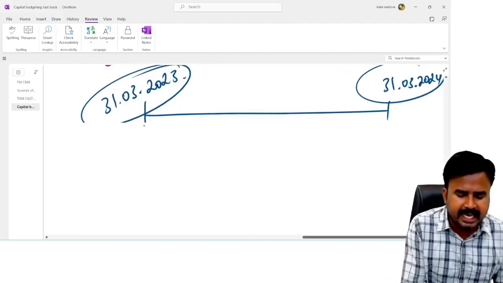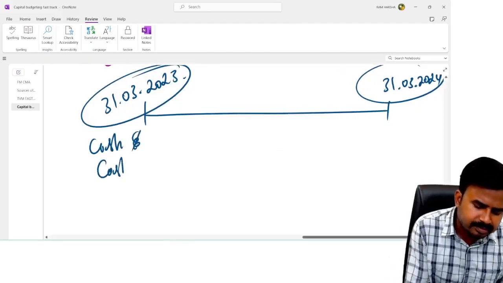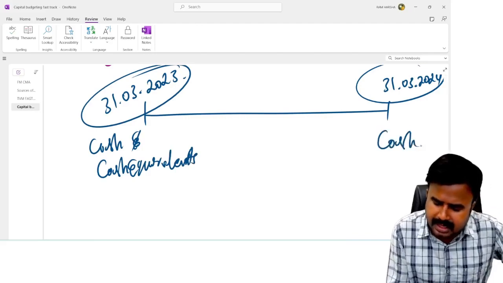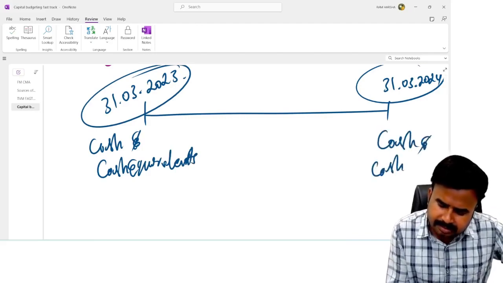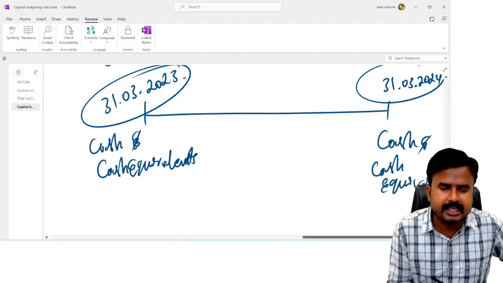So you should check the cash and cash equivalents balance at the beginning of the year, and again the cash and cash equivalents balance at the end of the year. So the cash can be increased or decreased.